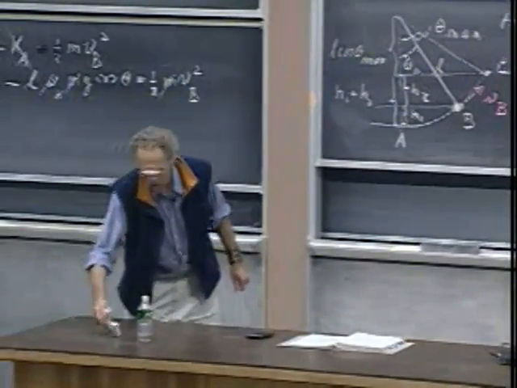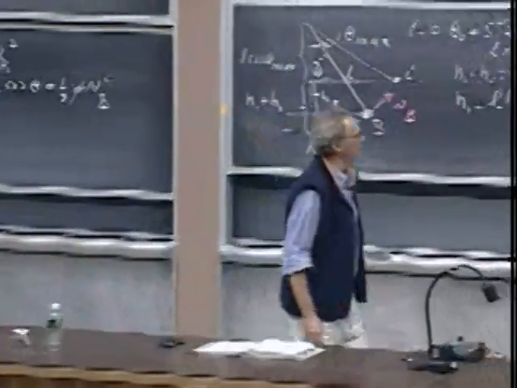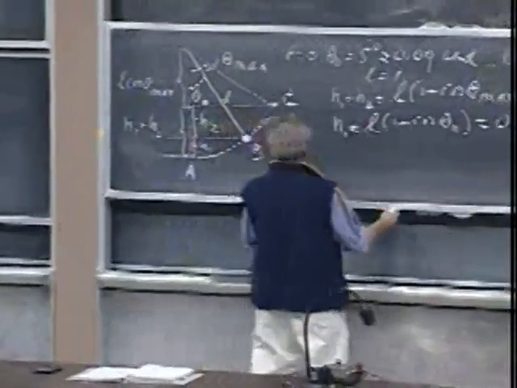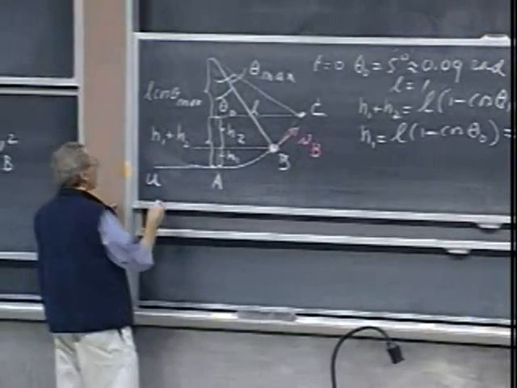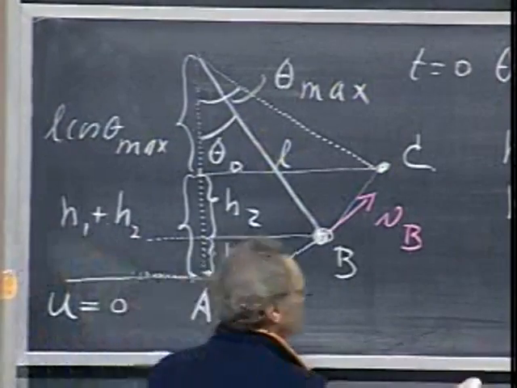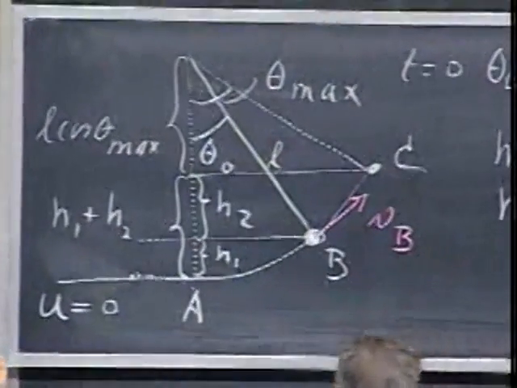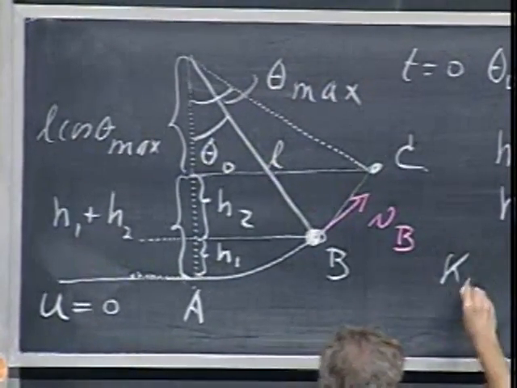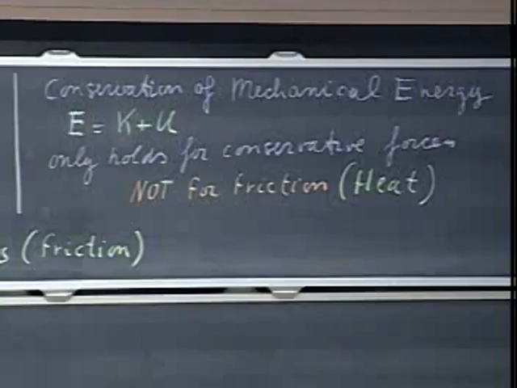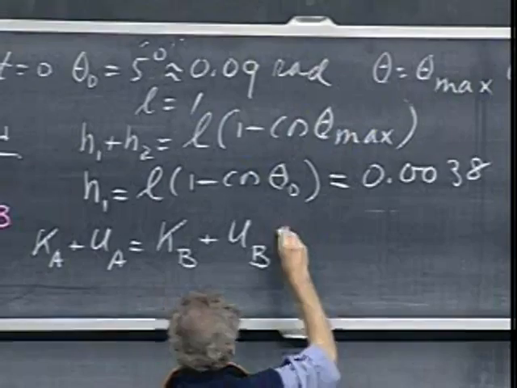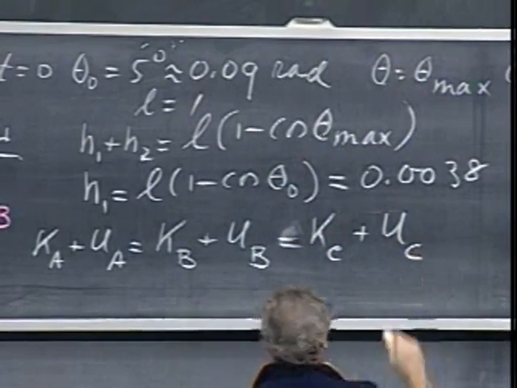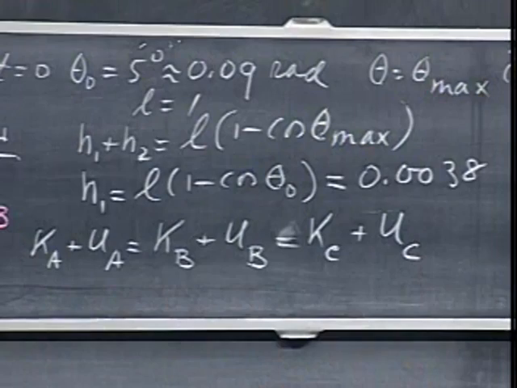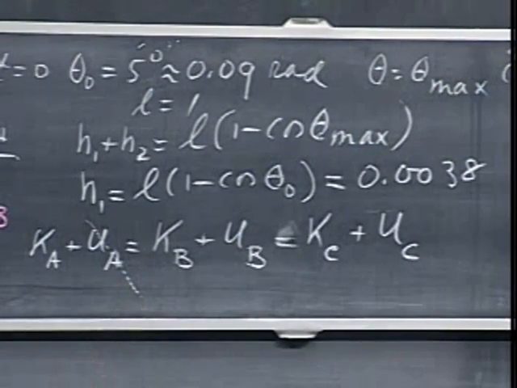Well, we could now use the conservation of mechanical energy. And we could say, let us call arbitrarily the gravitational potential energy at point A, let's call that 0. And going to apply the conservation of mechanical energy, which means that the kinetic energy at A plus the potential energy at A must be the kinetic energy at B plus the potential energy at B equals the kinetic energy at C plus the potential energy at C. Now the potential energy at A is 0, because we define it that way.